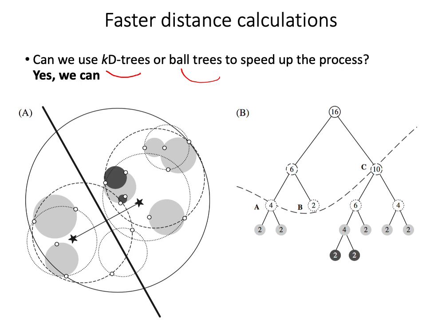I'm not going to go into details about how to implement these data structures, but just understand that they're there to speed up the process of having to calculate the distance from each instance in your data set to each cluster center.